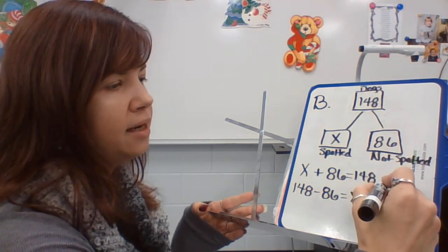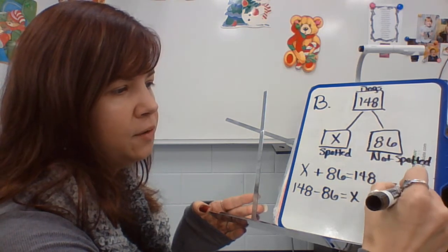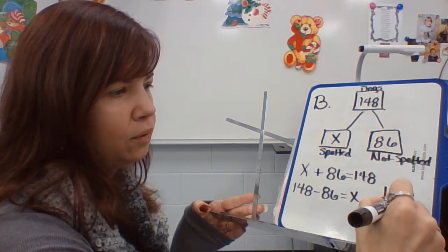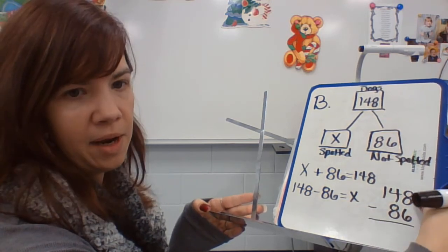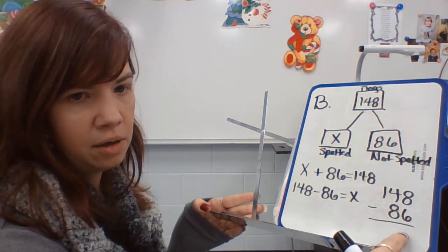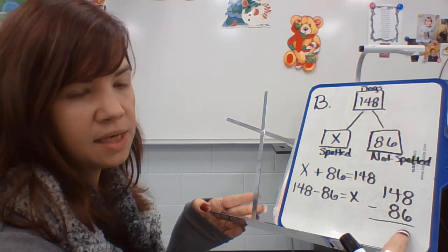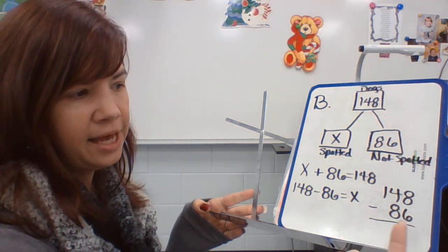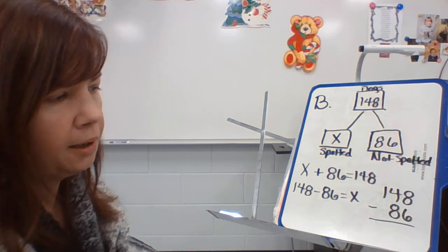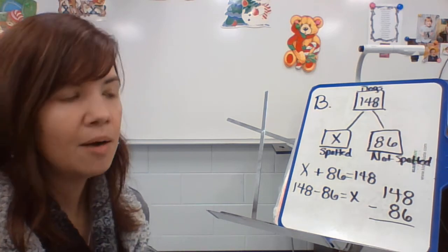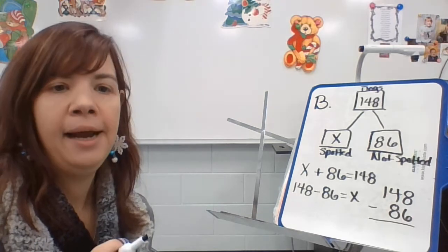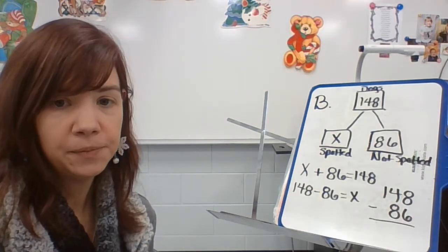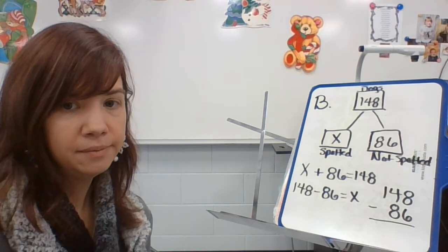So I will set it up here, because again, I like doing mine up and down. I line them up. I make sure I line my ones up. I always start on the rightmost side in the ones place, and then move my way left. Okay, so pause the video for a second. I want you to try that, and then come back and I'll continue, and we'll see if you got the right answer. Okay, so pause.